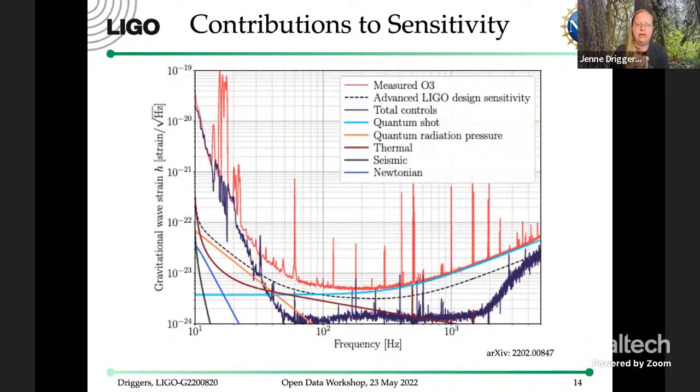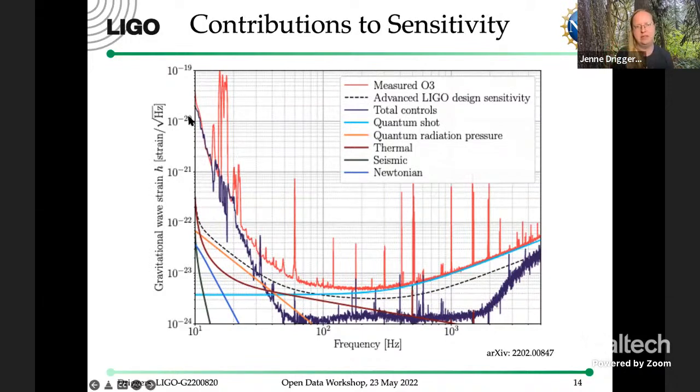We also require, in order to build up interference inside the interferometer to build up the laser power higher and higher, that mirrors are held at an integer number of half wavelengths apart. So we have to hold our mirrors a precise distance apart as well as a precise alignment. And to do that, we need to push on the mirrors to hold them still where we want them to be.